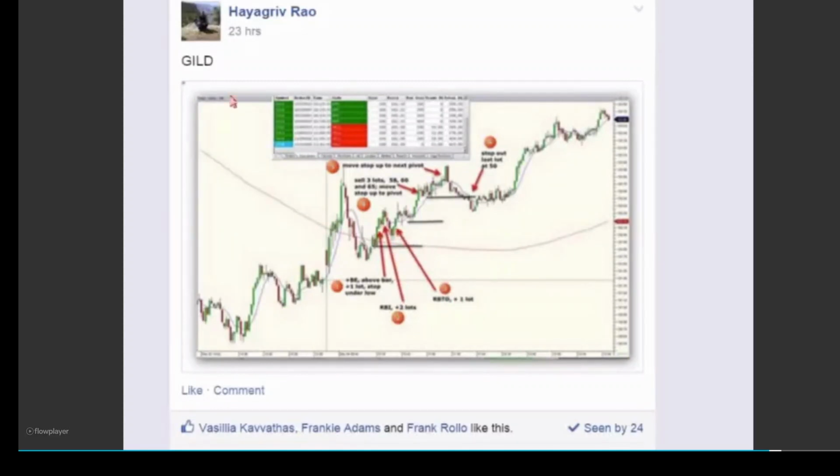Red bar takeout, buying. I like his adjustments. I like the adjustment from here, the adjustment to this pivot here. All right, he goes from here.